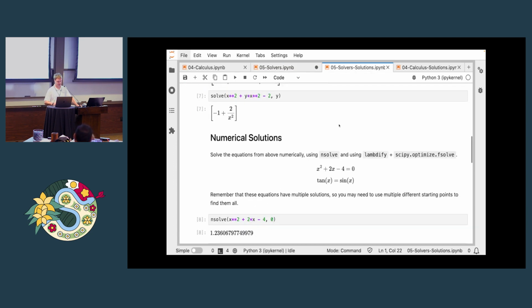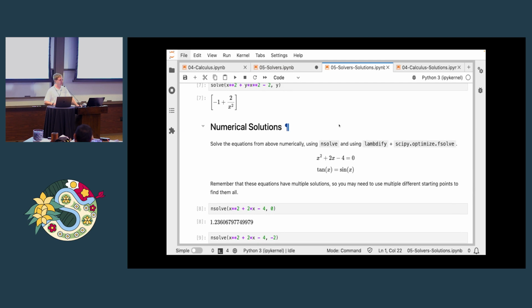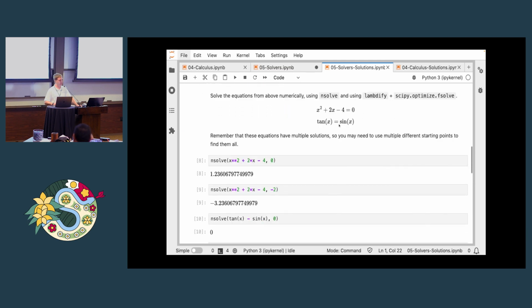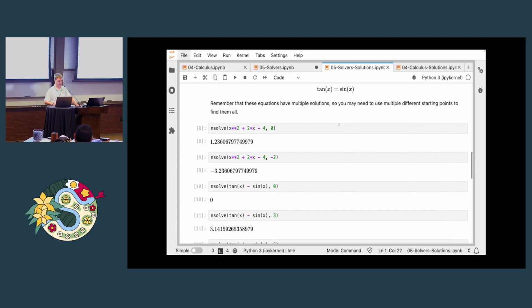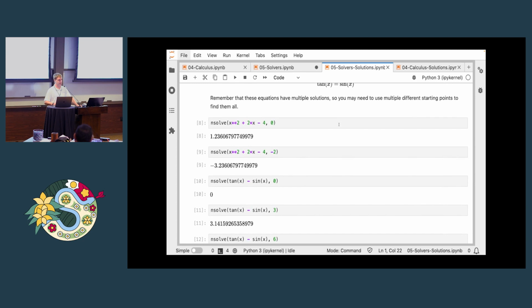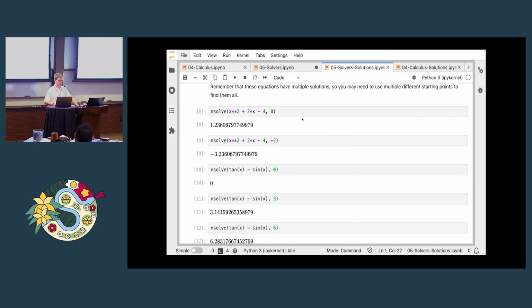How high precision do you have? By default, SymPy uses about 15 digits, the same precision you'd get from a float64. But you can do any precision you want.